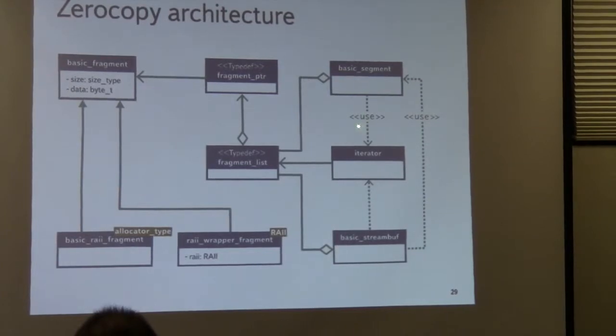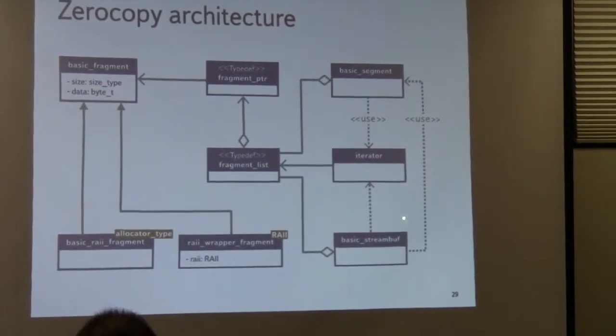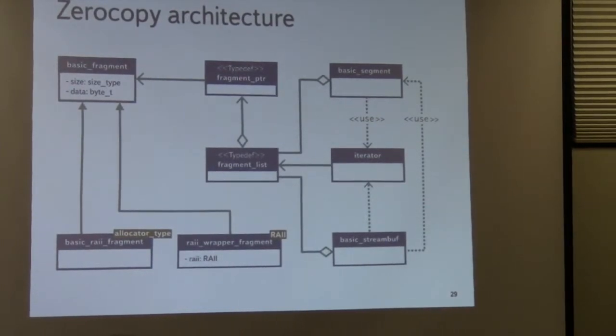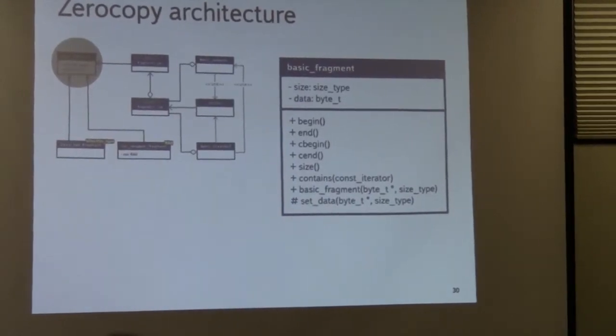Here is the segment, and here is the stream buffer, and some other classes which help us to access data and store data. Well, let's look closer at each object, each class. Okay, the basic fragment.